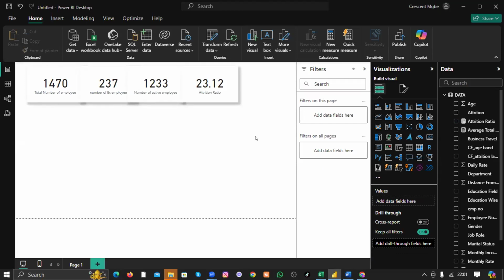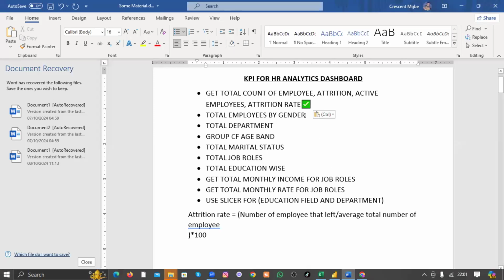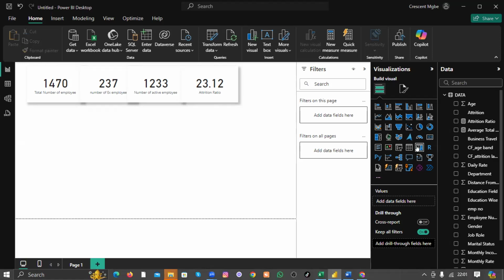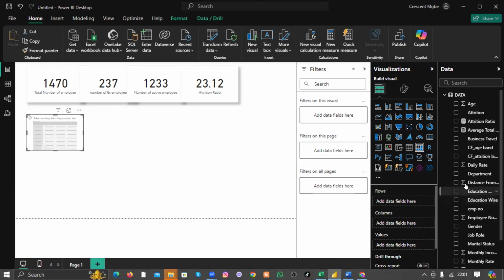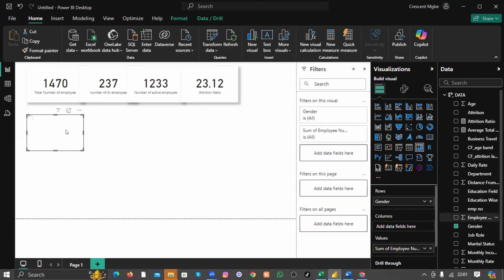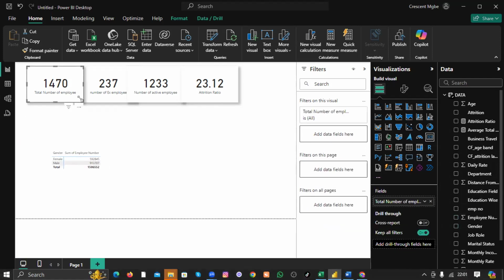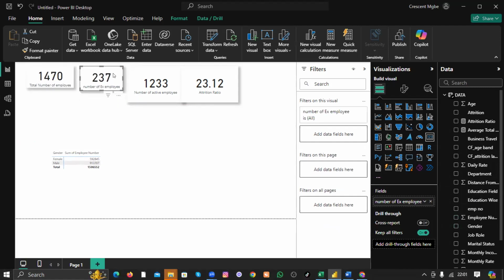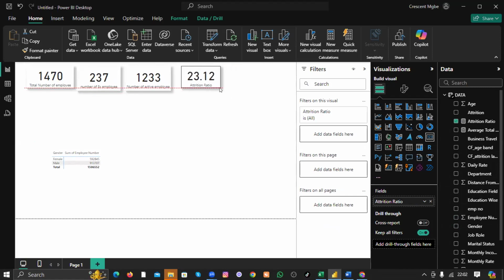We are done. Then the next question says total employee by gender. So you simply bring out your table. Gender is there, and the number of employee. This is the total employee by gender. I think I can reduce all these ones, make them smaller. Good, we are good to go.